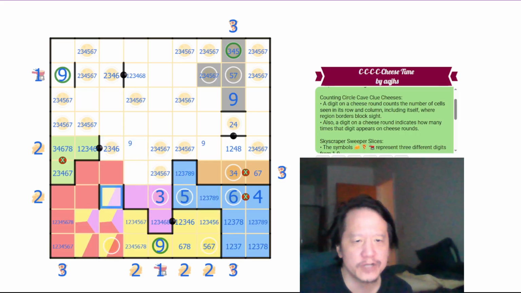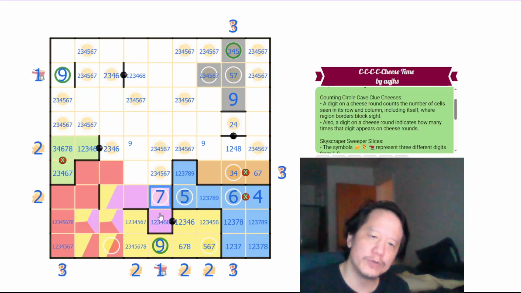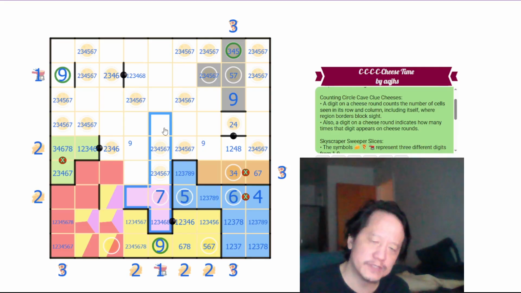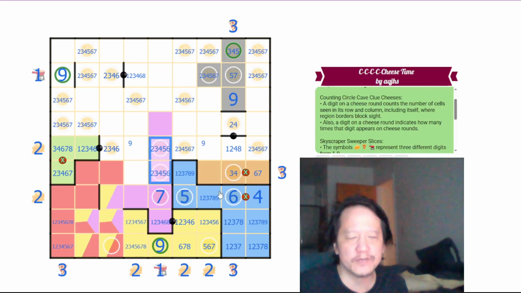So let's not go down that path. The only other thing is if this is 7. So if this is 7, we are guaranteed to see 1, 2, 3, 4, 5, 6, and then maybe 7 there. So this would not be 7 here.